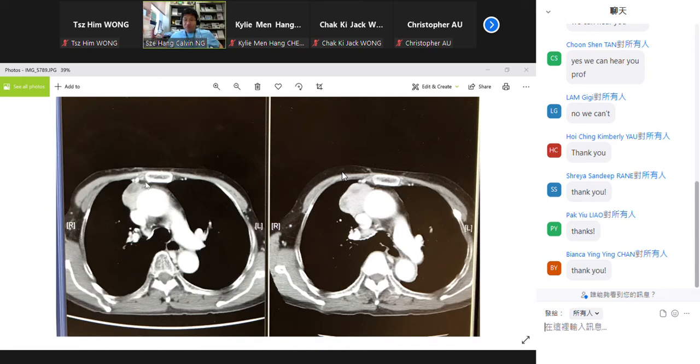For LDH, if all the others are negative and you have a relatively elevated LDH and your CT scan report says lymphoma is quite likely, then you need histology to confirm that. And for histology, you need to order a CT guided true cut biopsy. I stress that you need to order true cut biopsy rather than FNA, because a true cut biopsy will give you more tissue to differentiate which type of lymphoma it is.